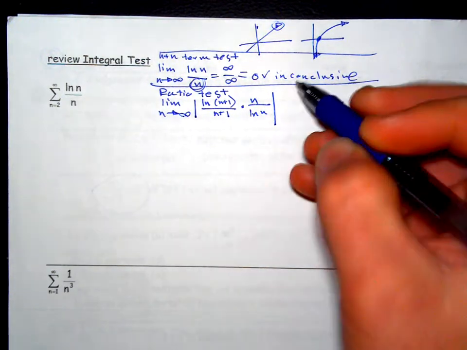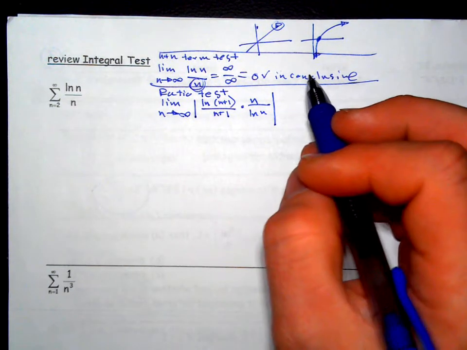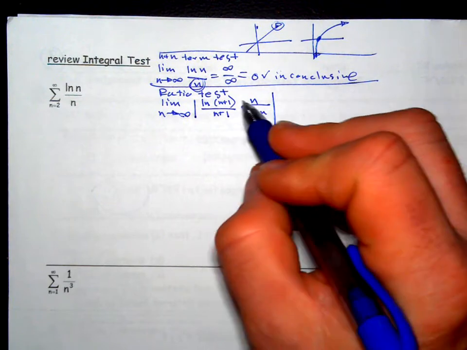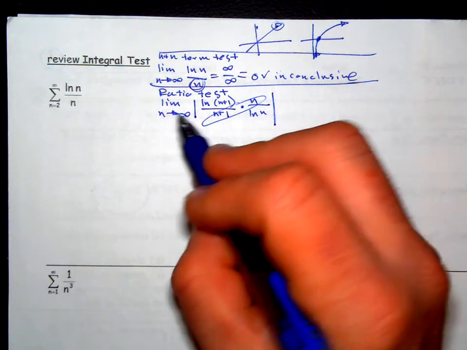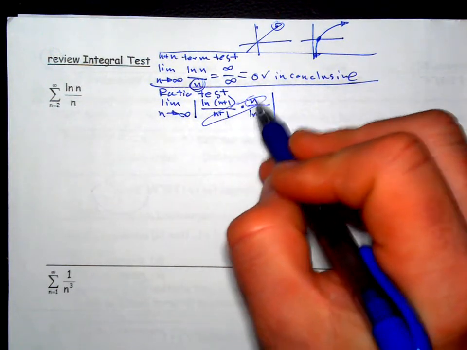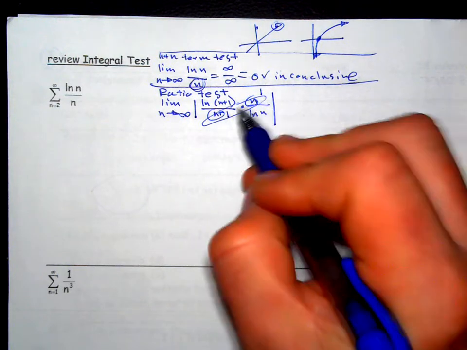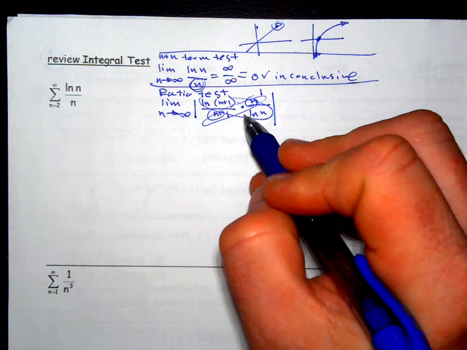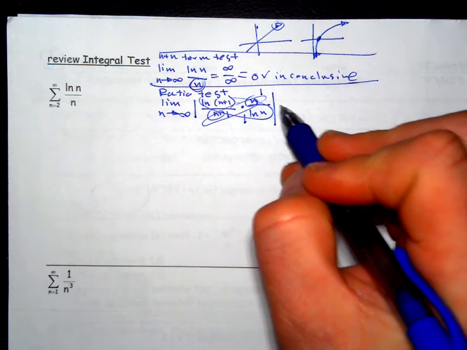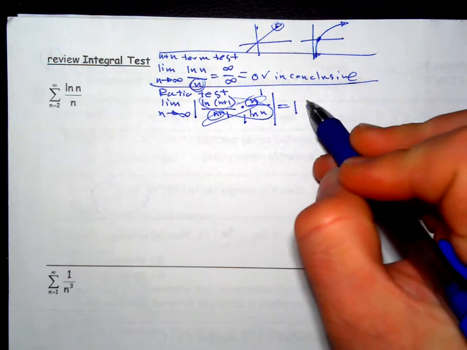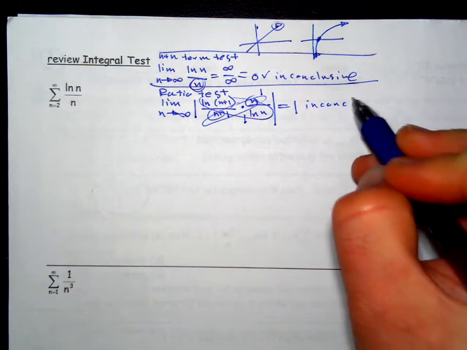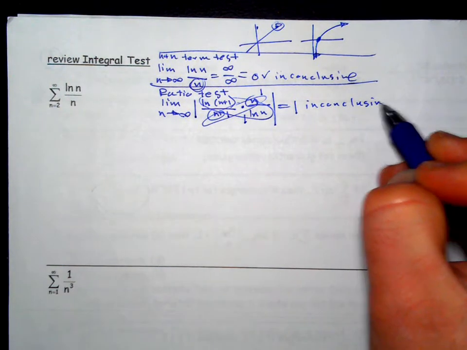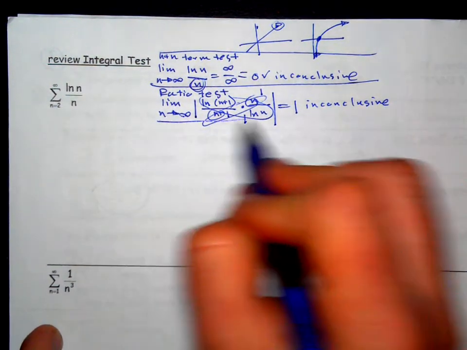We can't simplify anything here, but I usually look at the corresponding terms and take the limit of the dominant terms. These are really close to each other, so it goes to 1, which is inconclusive. All that effort didn't really get us anywhere.